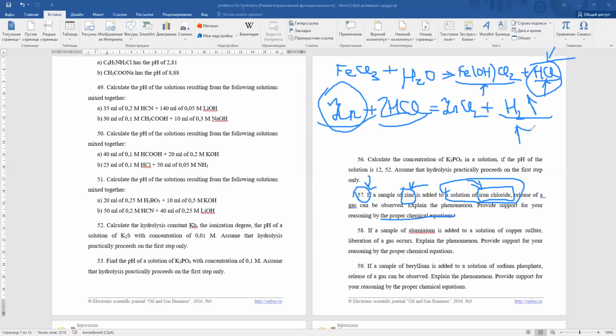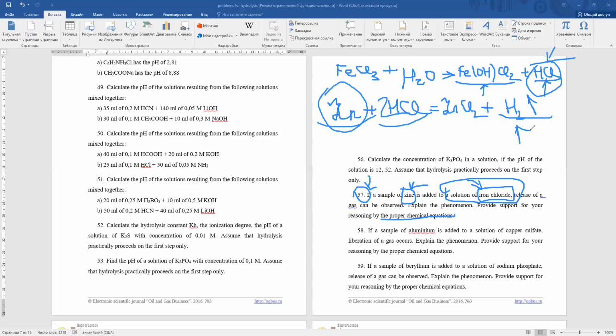Okay, and yes, it takes place exactly because in the solution... Could you tell me the definition of 57? So do you want to write down? Yes. Okay, the main reason why the release of gas can be observed is the concentration of acid in the solution.